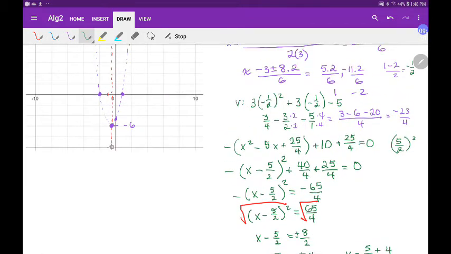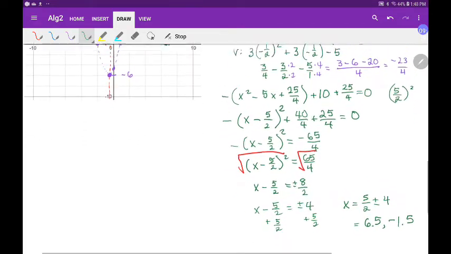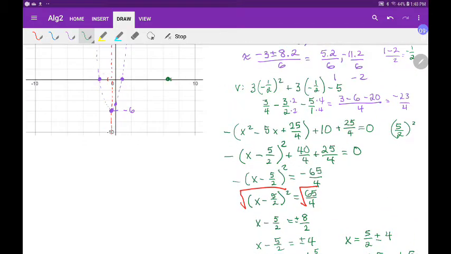So 6.5, well, here's 6, here's 7, so I'm going to say that's 6.5 right there. And my other one is -1.5, so there's about -1.5 right there, between the -1 and the -2.